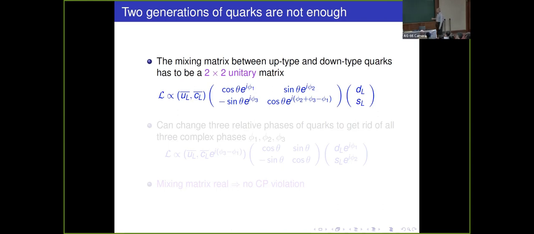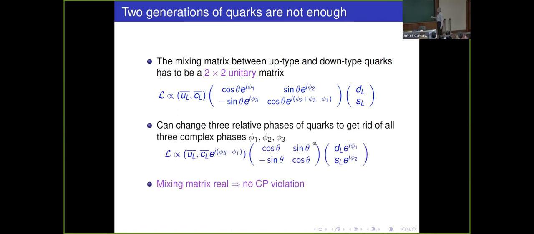But now, remember, we have no idea about the phases of these quantities, and those really don't matter. So we can take globally that each of them, we just redefine their phases a bit. Instead of DL, we multiply DL by e to the power i phi1, SL by some i phi2, and CL by this combination.